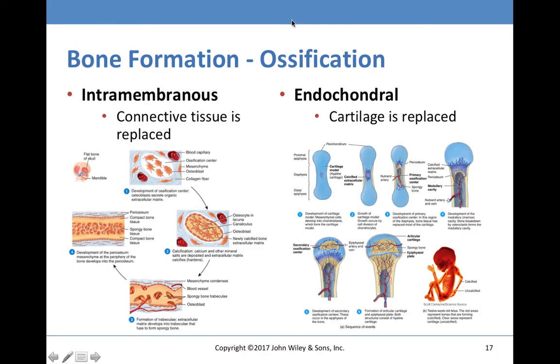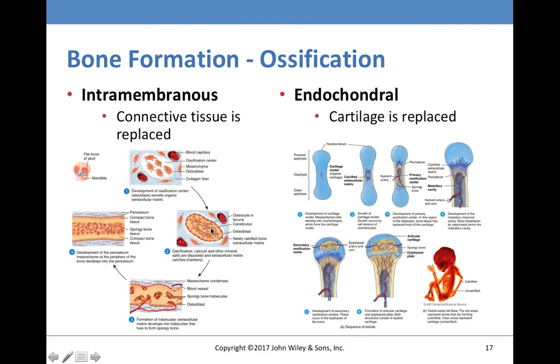So as you can see here, we have to have what we call an ossification center from our mesenchymal cells. This ossification center will convert the mesenchymal cells into osteoblasts. And the osteoblasts will then begin to lay down our extracellular matrix, or this osteoid matrix.